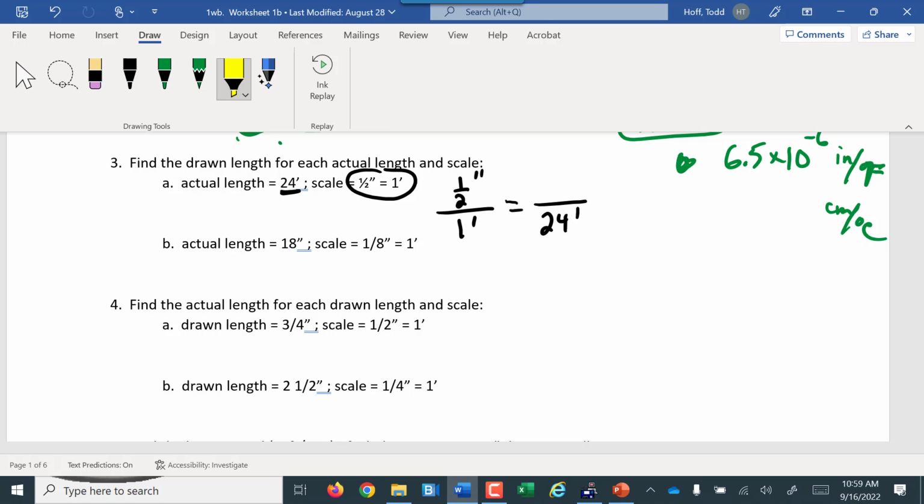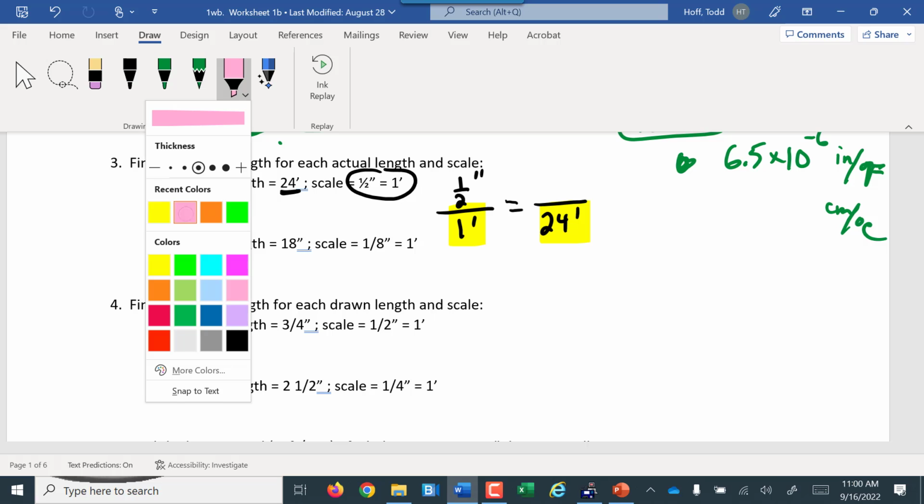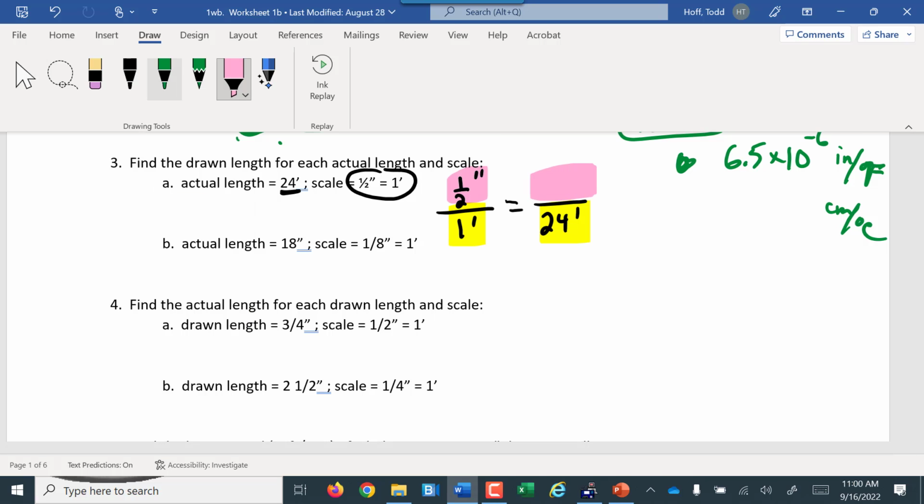The biggest thing with these proportions is you have to make sure the units match up. This is feet and that's feet. This is inches. This is going to have to also be inches. So we cross multiply and divide. 1/2 times 24 is 12, divided by 1. So when that is drawn, it'll have to be drawn at 12 inches long.